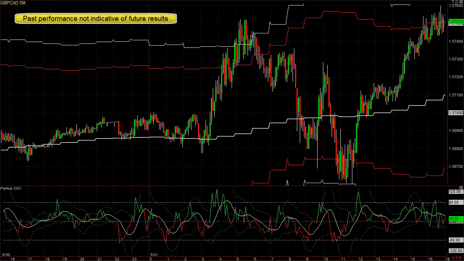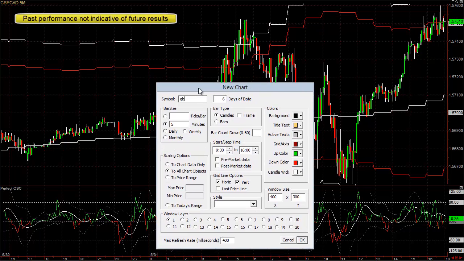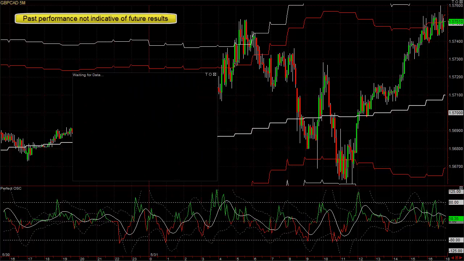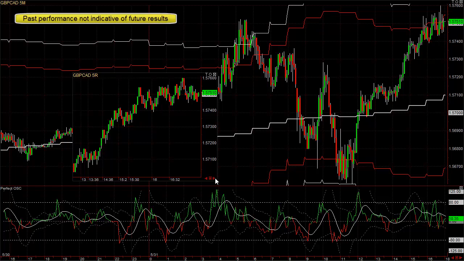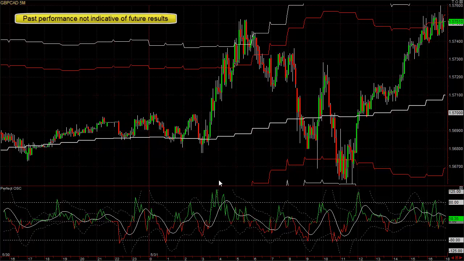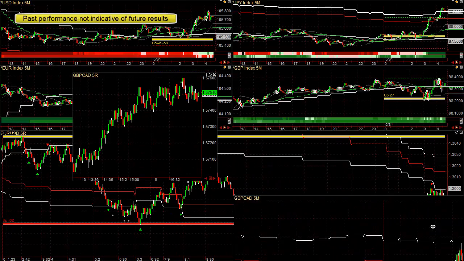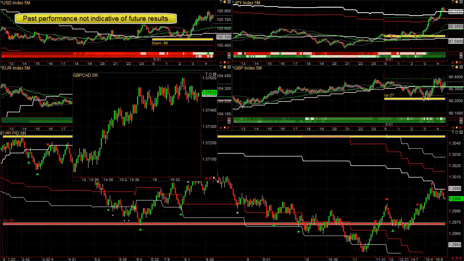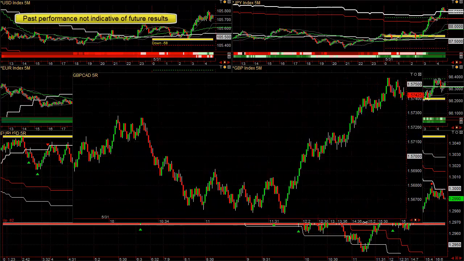And this, I will finish class today by going over range charts and tick charts. If you bring up the pound CAD and put 5 pips per bar, 5R, this is going to show a range chart with each bar being 5 pips. So now you can really see a pullback a little bit better at that time.